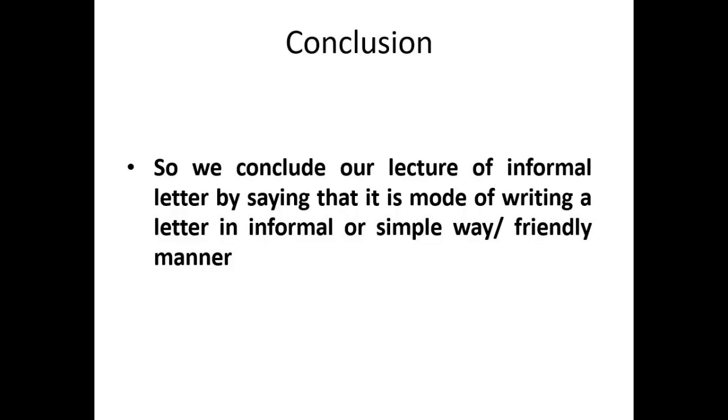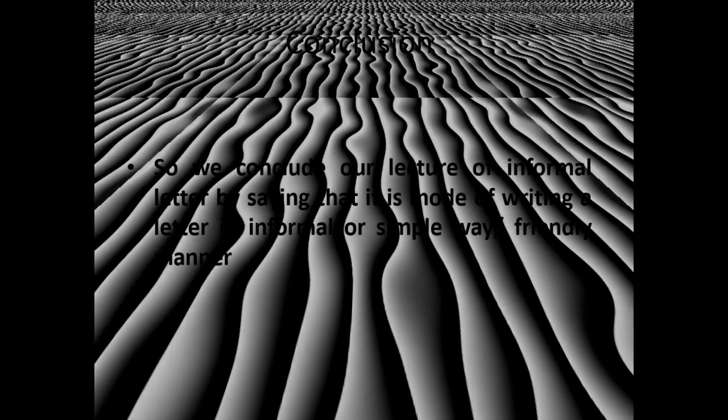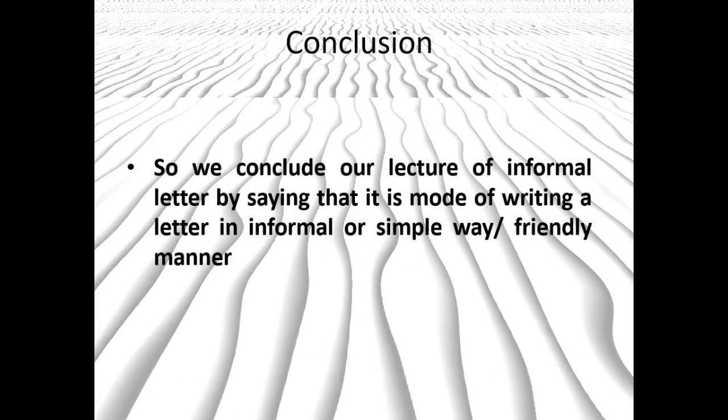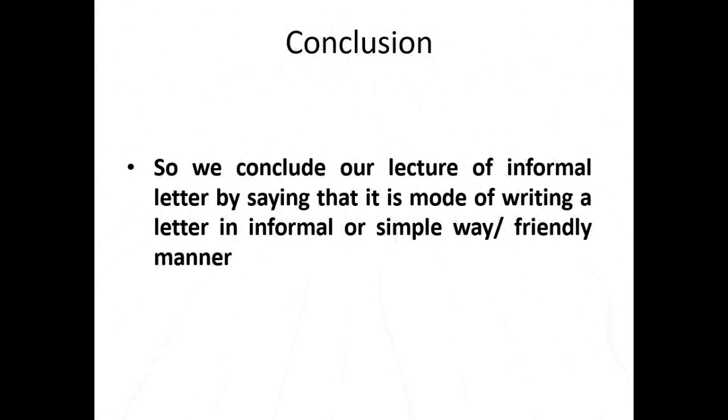I can conclude my lecture with the words that formal and informal letters are the two modes of written communication through which we communicate with people. In a formal letter, we communicate formally for serious purposes, and in an informal letter, we communicate in a friendly way, either in a serious mood or in a non-serious mood, but to persons whom we know very well.